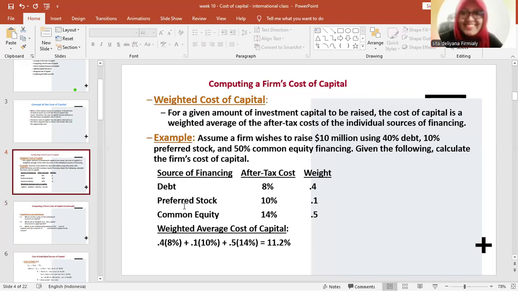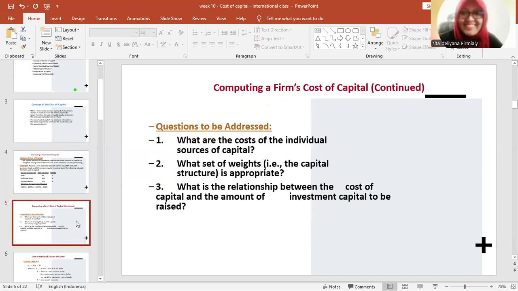This is just the common one, but not all companies have external sources from these three. There's a company financed using 100% debt. There's another using 50% preferred stock and 50% debt. And there's also a company using 100% common equity, with no debt and no preferred stock. It depends on the company's governance itself.